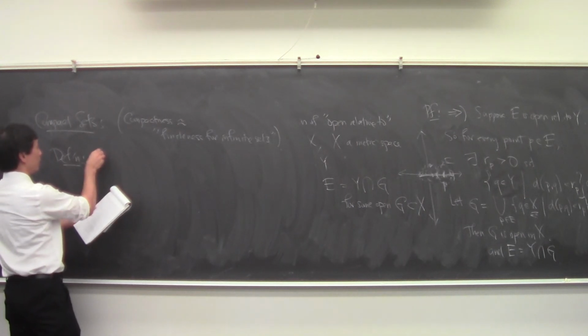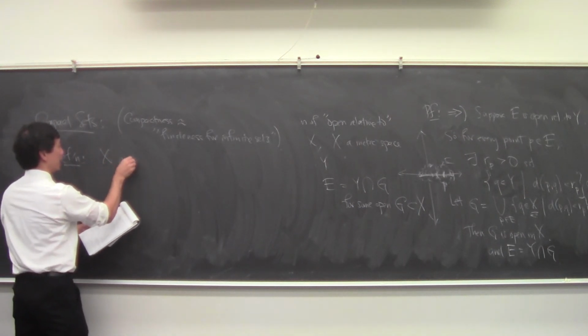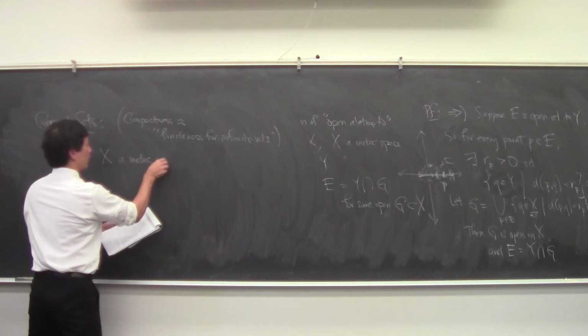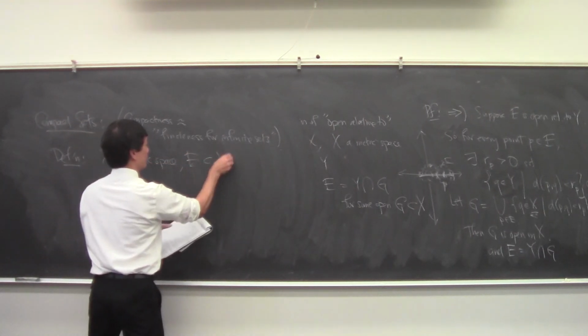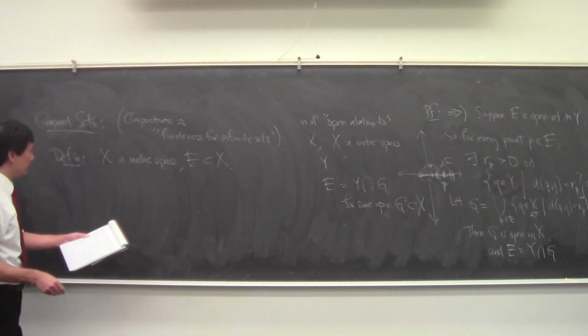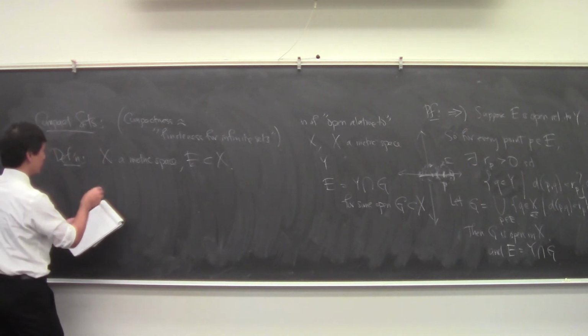So you have X a metric space, you have E a subset, and we first define this thing called an open cover.